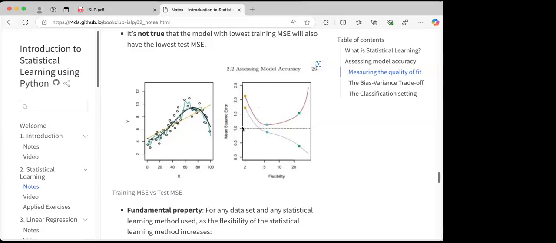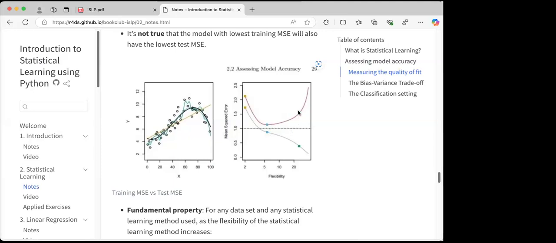This line is the variance of epsilon. Whilst the blue square, we can see it's at the lowest point of the test MSE. So from this figure, we can see that the blue curve is the model that best fits this data.